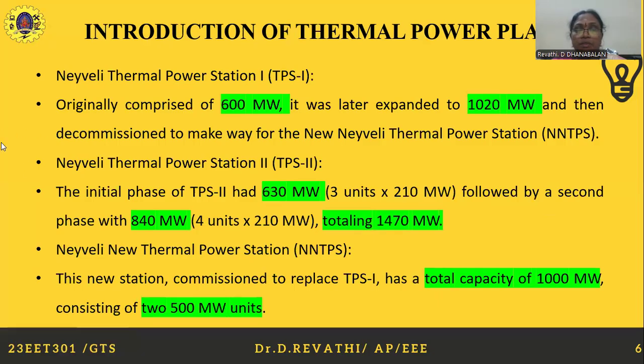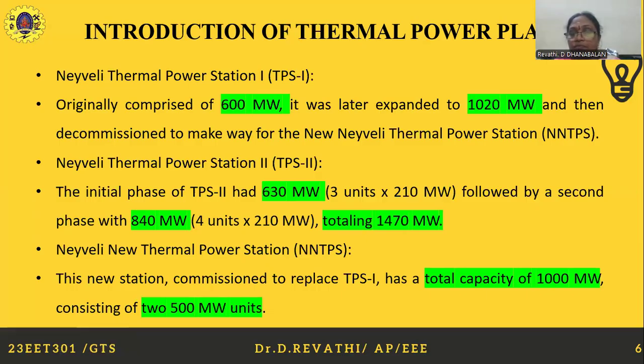Here I showed in detail the Neyveli power stations, that is power station 1 and power station 2, and Neyveli also has a new power station that we call NNTPS. Power station 1 first started at 600 megawatt and was expanded to 1020 megawatt. Power station 2 is 630 megawatt, which consists of 3 units of 210 megawatt, followed by 840 megawatt, which consists of 4 units of 210 megawatt.